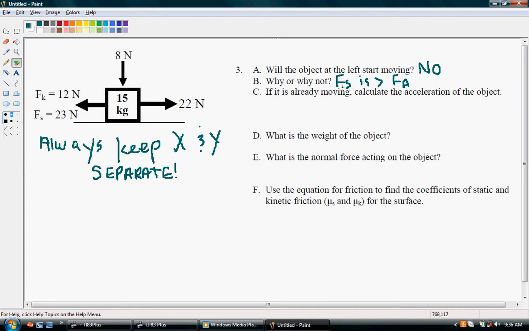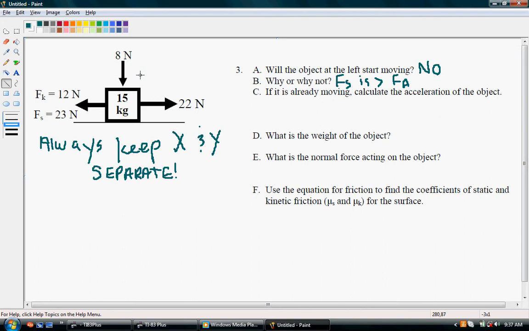your 22 newtons. If it is already moving, calculate the acceleration of the object. If it's already moving, we only need 12 newtons to keep it moving. Well, we actually have 22 newtons. So to find the acceleration of this object, we have to find the net force.